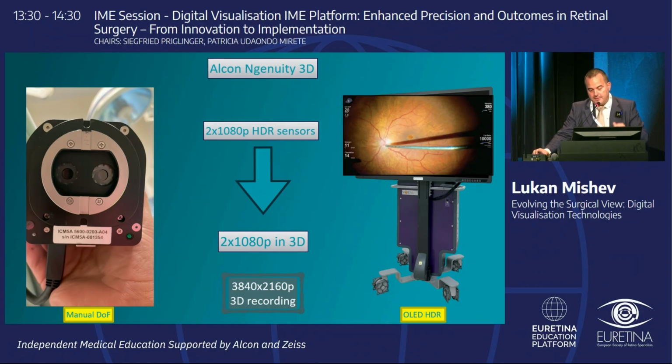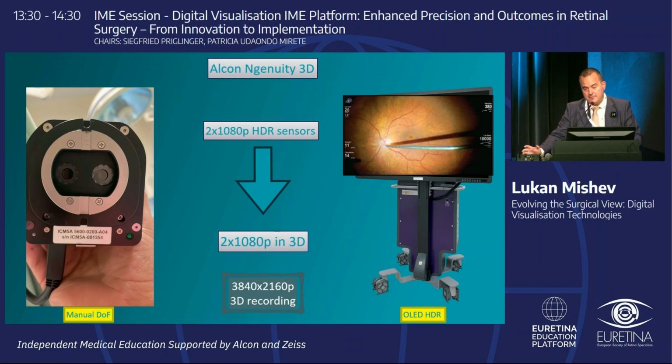We have 2x1080p HDR sensors, meaning high dynamic range, and we have an OLED screen. This is a passive system, and the OLED screen is important because this is the screen with the highest contrast possible. The recording is important because when we present our videos, we actually present the recording. In this case, it is 4K in 3D.